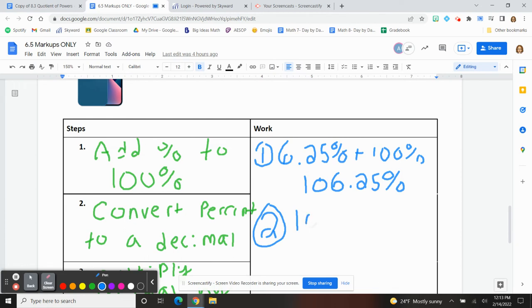So 106.25% as a decimal will become 1.0625. Do you have to have the 1? Yes, because that is part of the number in this case.